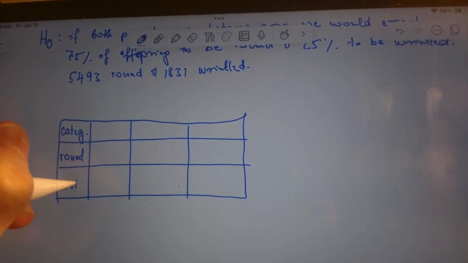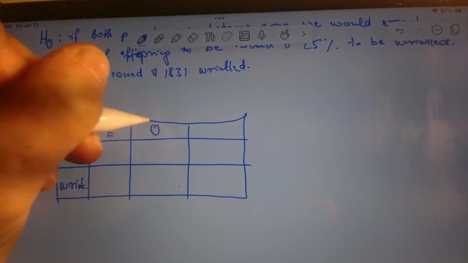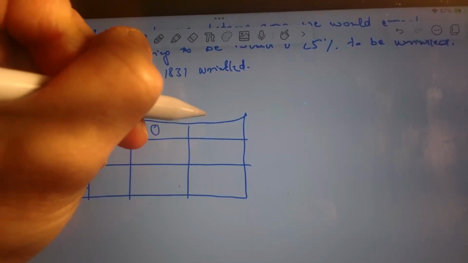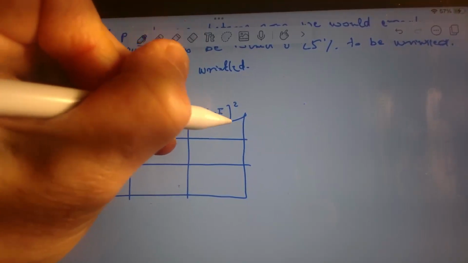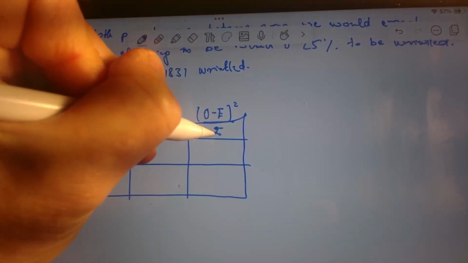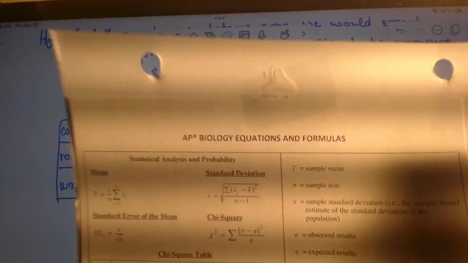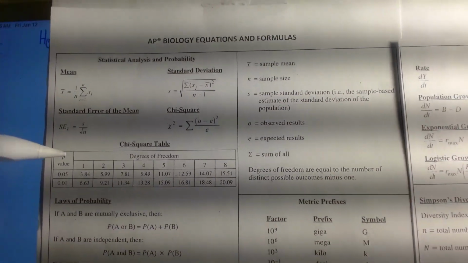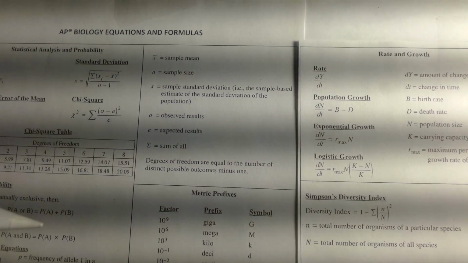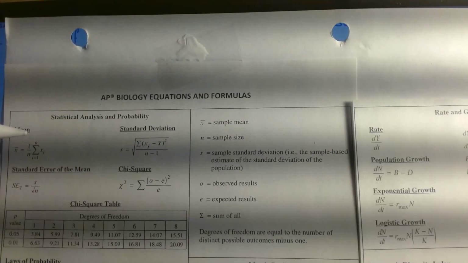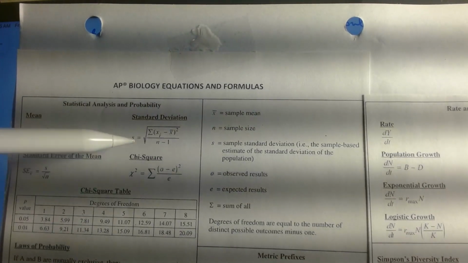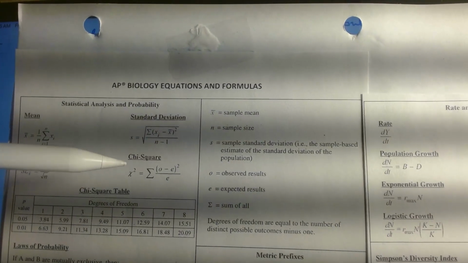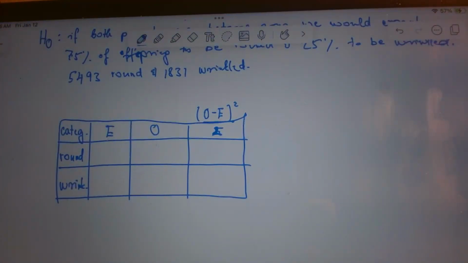And this is the wrinkled category. We will have the expected, observed, as well as the formula: observed minus expected, squared, divided by expected. I'm using this formula, guys. Where is that formula? Oh, here's the chi-square formula. You don't have to memorize it, you can use the formula sheet.